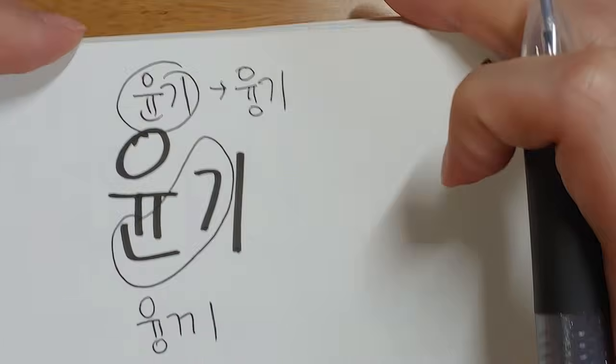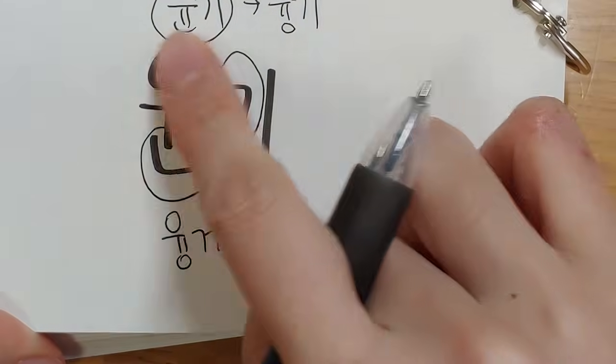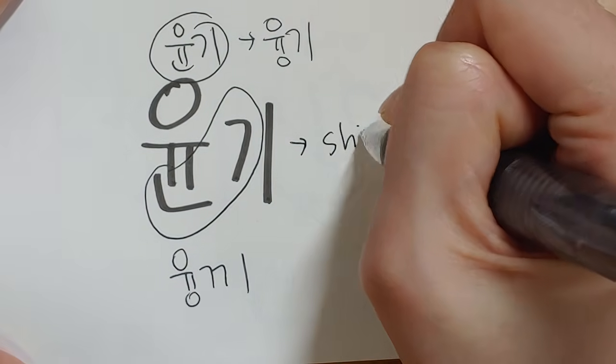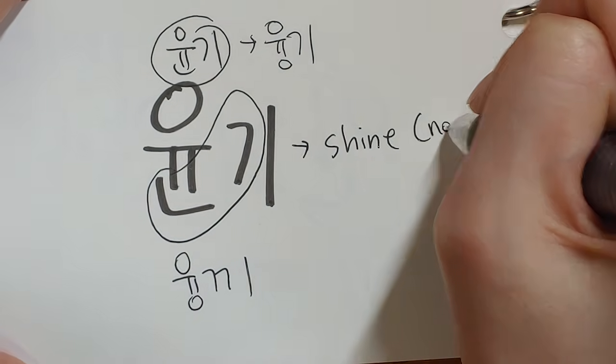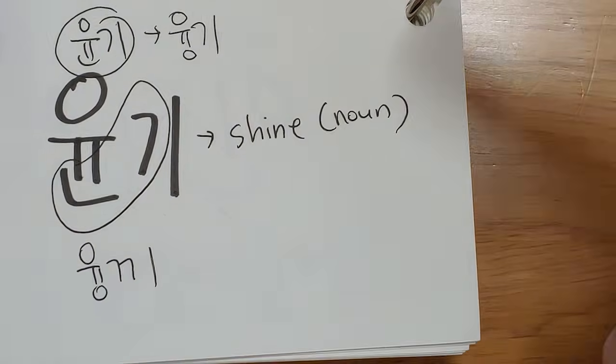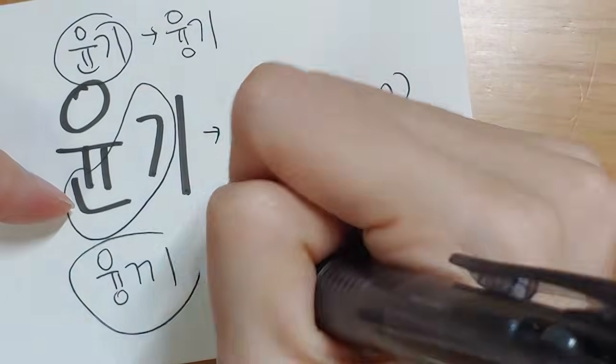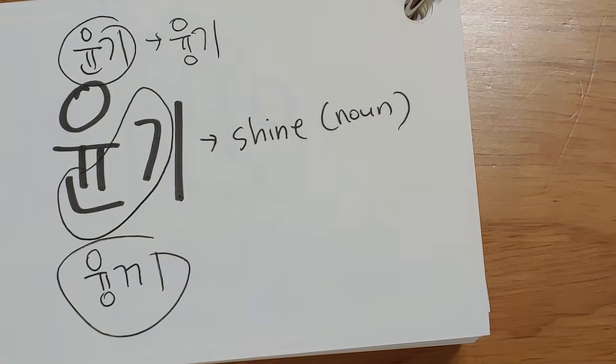But when 윤기 is an actual word, it means shine. It's a noun that means shine, usually used when you mean shine on your hair. It's pronounced 윤기.